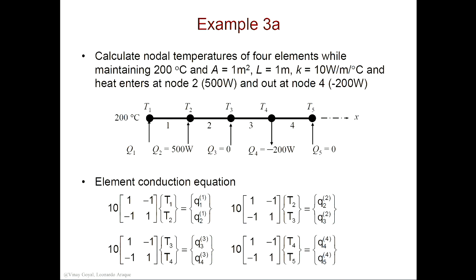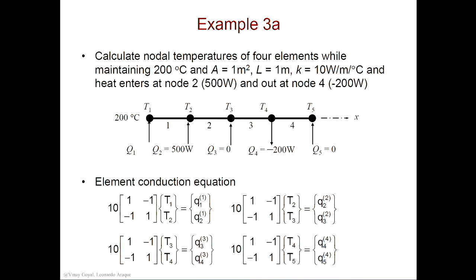Example 3, A. This is the first example. So the example is calculate the nodal temperatures. Find the temperatures here. Here I'm specifying it to be 200 C. So the only places I don't know the temperature are here, here, here, and here. I want to apply no heat to this node.